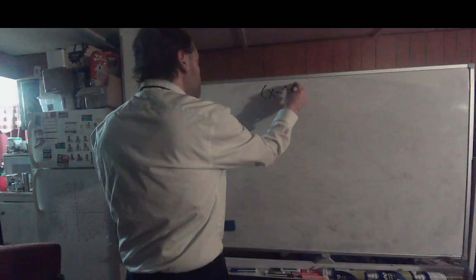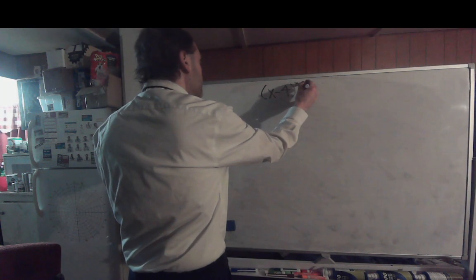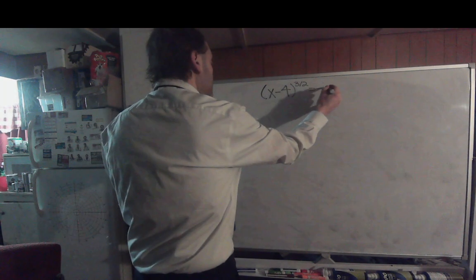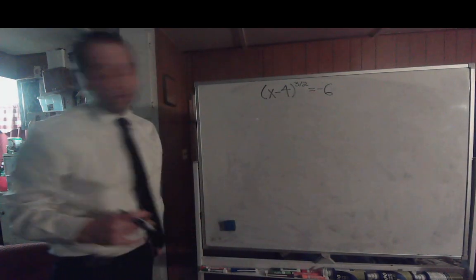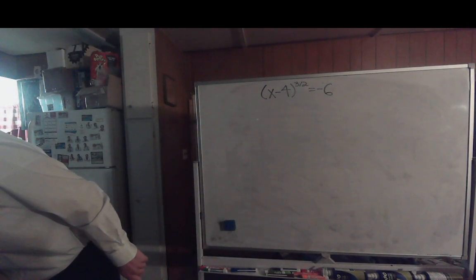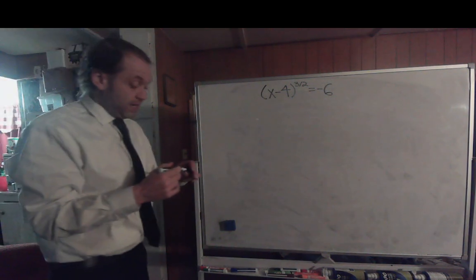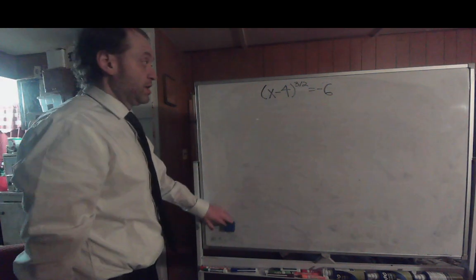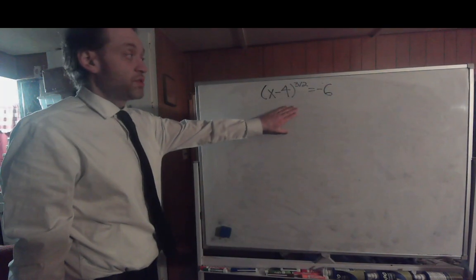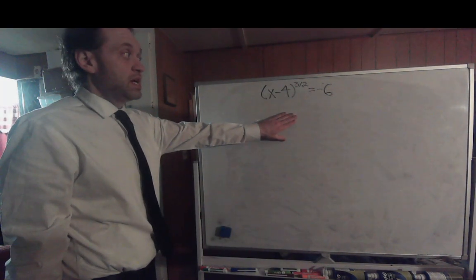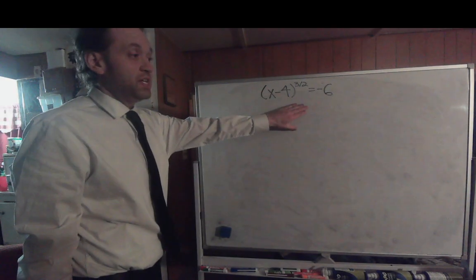x minus 4 to the 3/2 equals -6. Well, I'm going to make our lives a lot easier here. x minus 4 to the 3/2 equals -6, right?